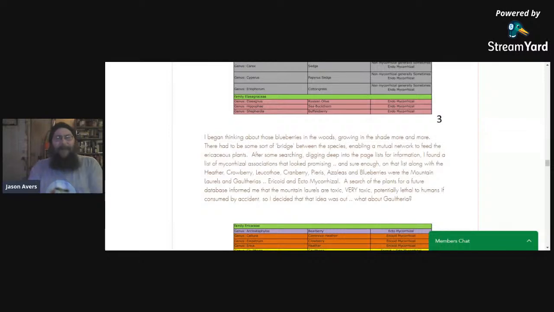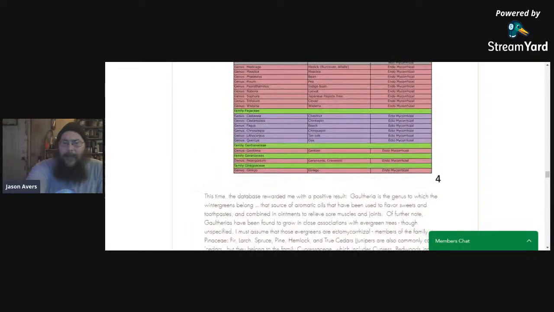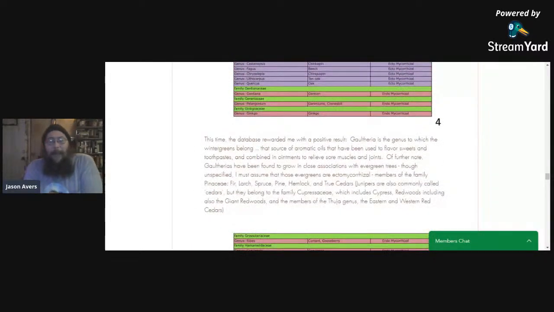So I'm still looking for something. What about Gaultheria? What's Gaultheria do for us? Well, it turns out Gaultheria is the genus to which wintergreens belong. Wintergreens are that source of aromatic oils that have been used for as long as I can remember to flavor sweets and toothpastes and combine in ointments to relieve sore muscles and joints.